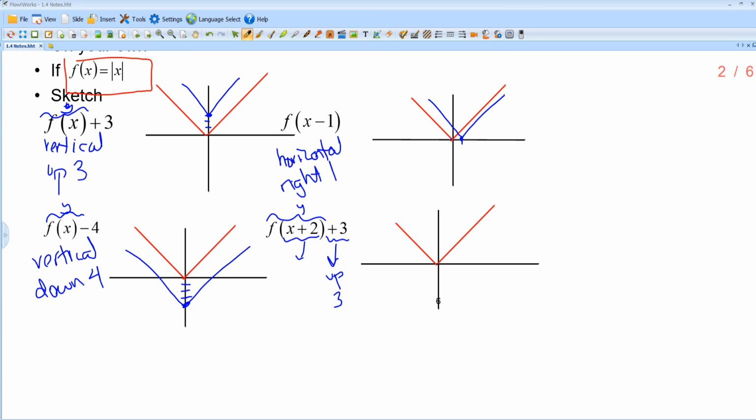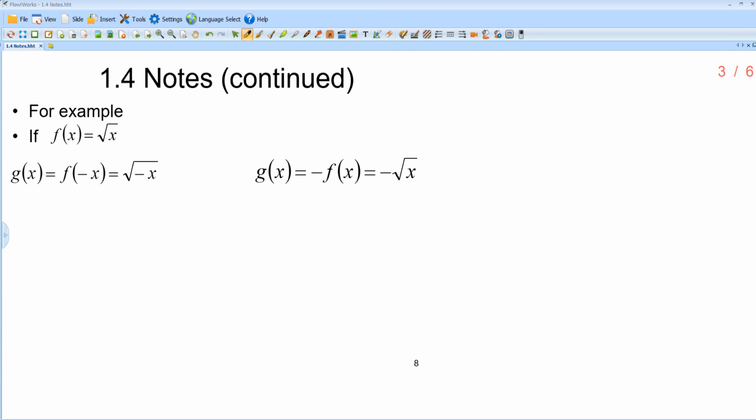And when you're adding to x, remember that that's counterintuitive. So this plus 2 actually tells me I'm going left 2. So I'll go left 2, up 3, and I draw my function. So that was a case where you had 2 shifts occur at once. Not too bad still. All right, moving into reflecting then.